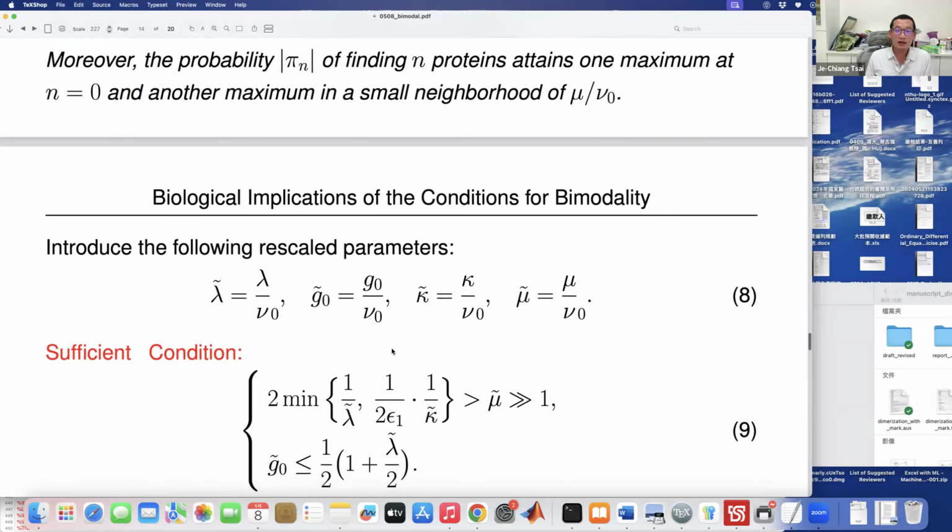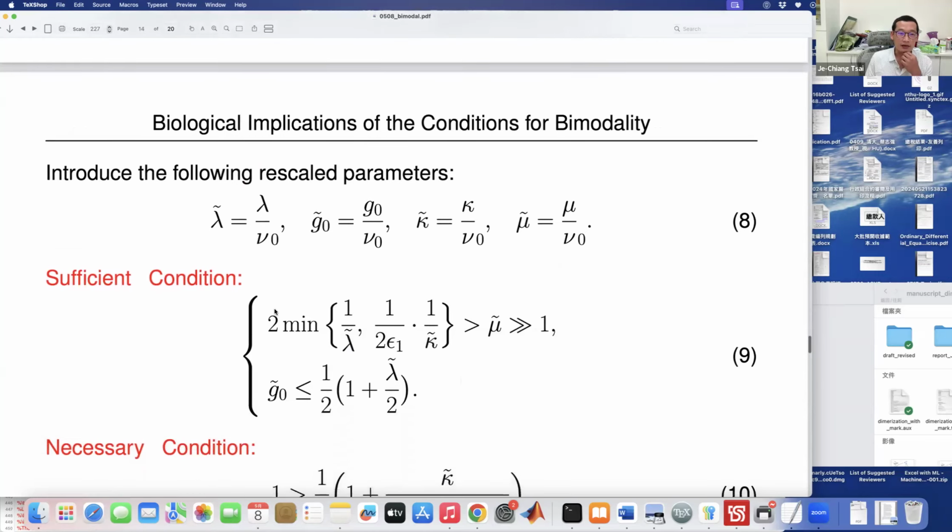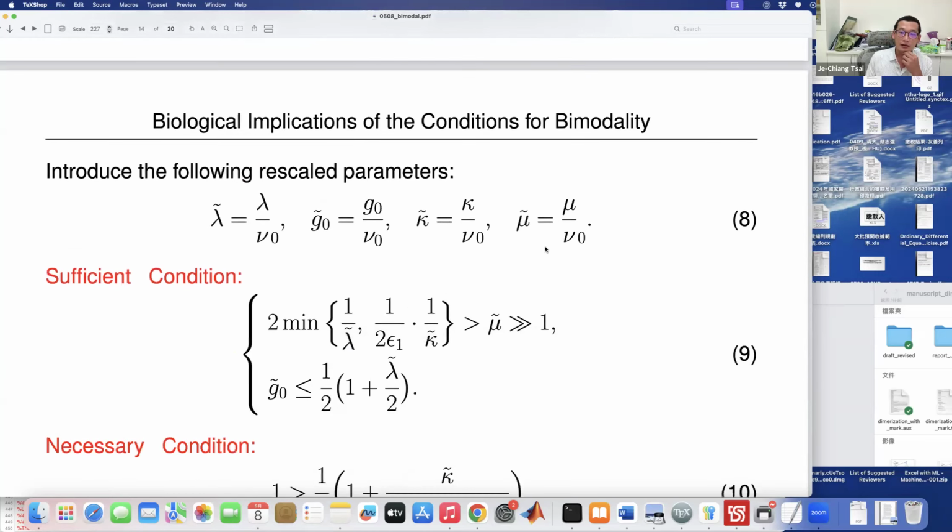I will go into some discussion about the biological implication of this condition. So I rescale these parameters. Nu hat is the protein degradation rate. I scale every parameter by this protein degradation rate.